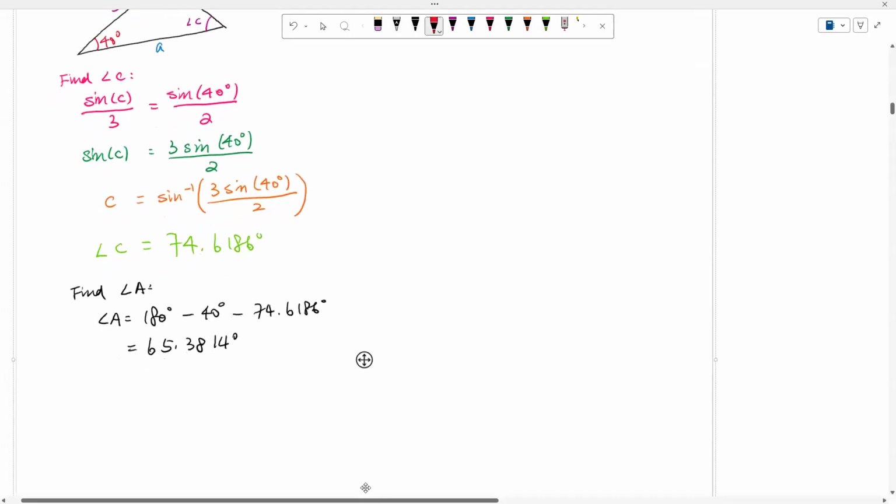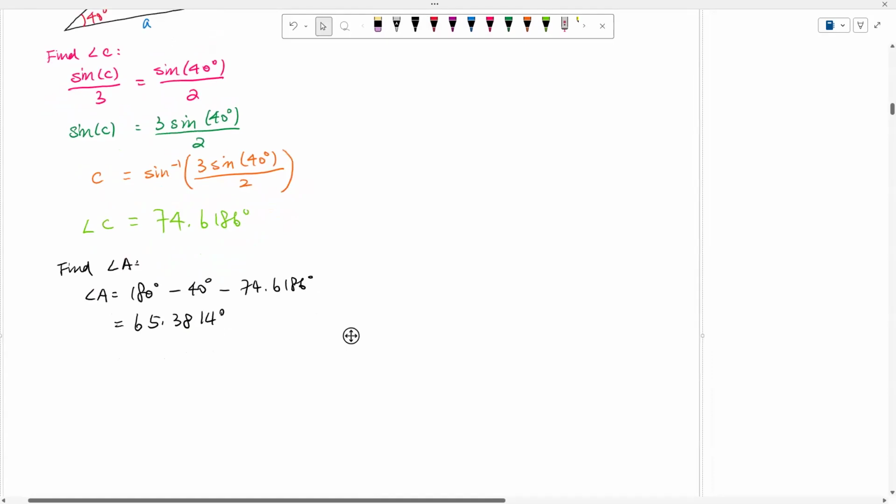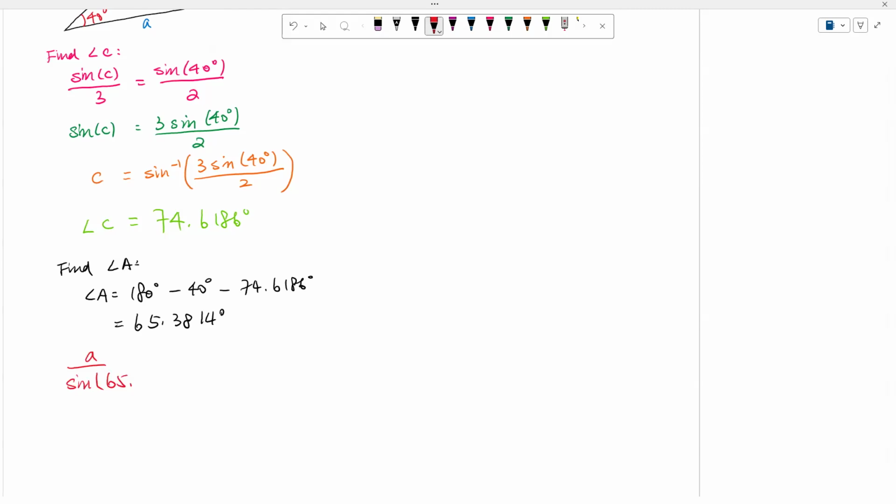Now we could use the angle A to help us find side A. So A over sine of 65.3814 degrees equals 2 over sine of 40 degrees.